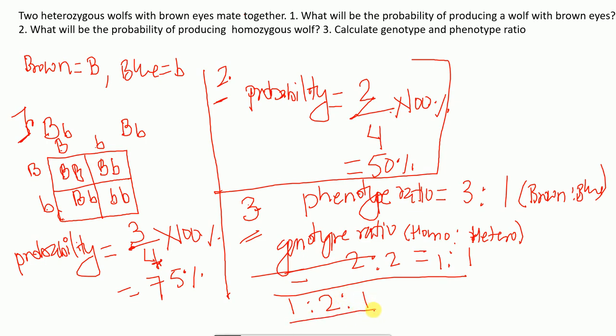But you need to mention how you calculated this ratio. I think even writing 2:2 or 1:1 will also be fine, but in the bracket you need to mention that it's homozygous versus heterozygous.